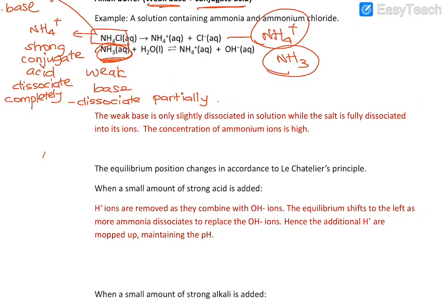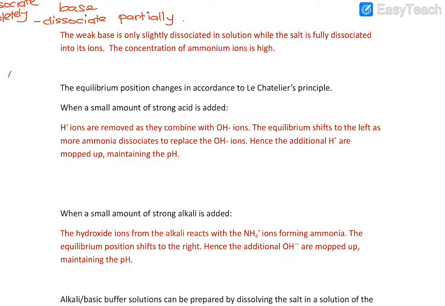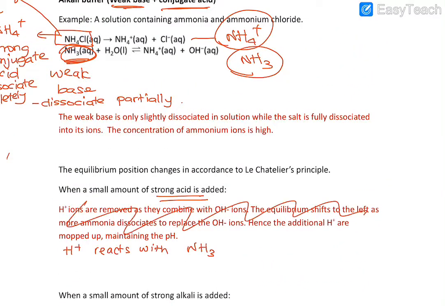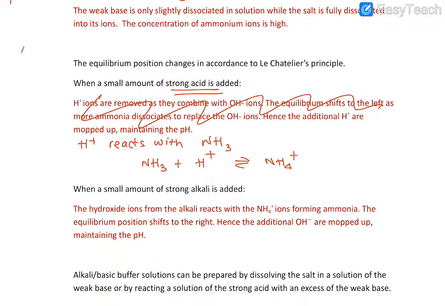The conjugate acid and the base are going to maintain the equilibrium so that any H plus or OH minus is balanced out. When you add a small amount of H plus, it is going to react with the NH3 to produce NH4 plus. So H plus is removed and the pH is maintained.